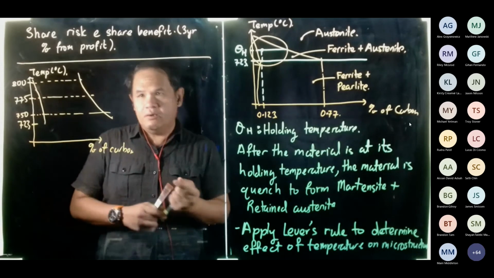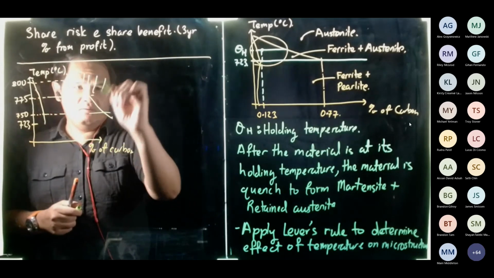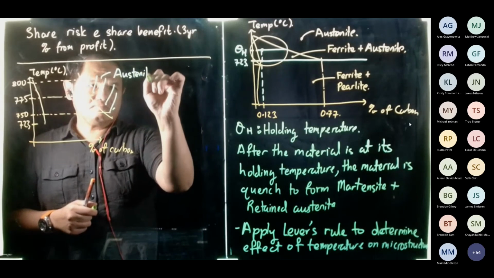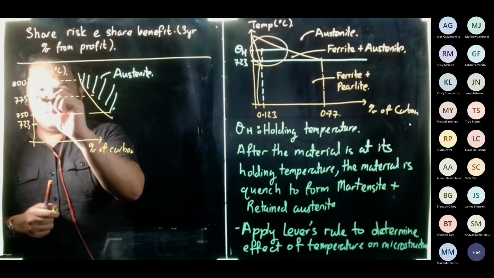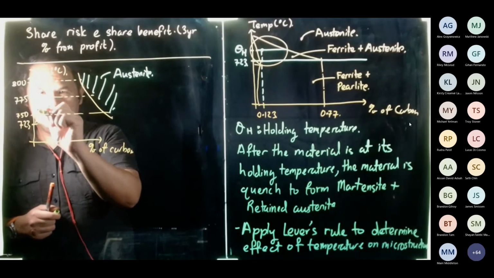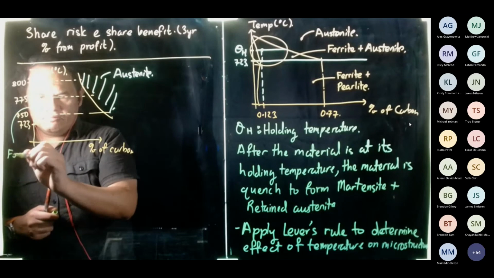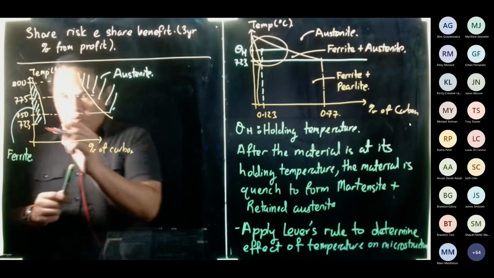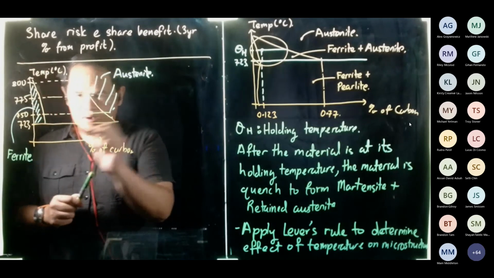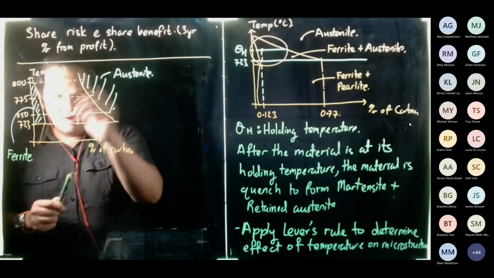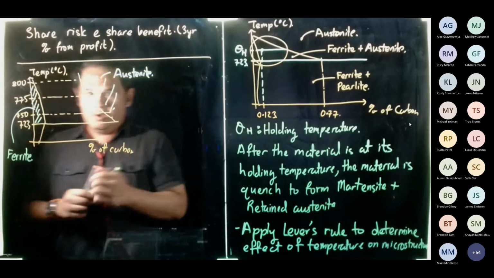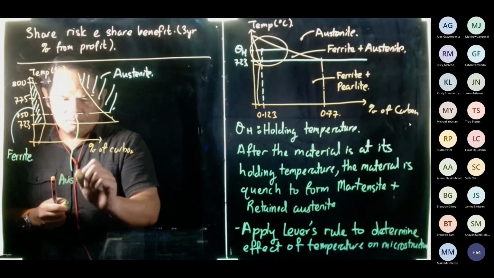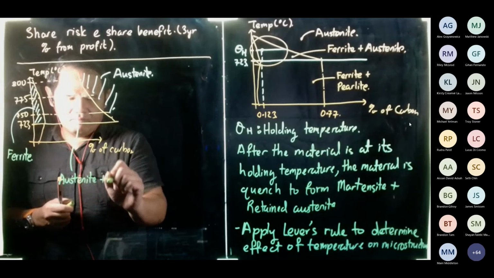So we are aware that at this side it's austenite. At this side, we have ferrite. Whatever is in between is your austenite plus ferrite.